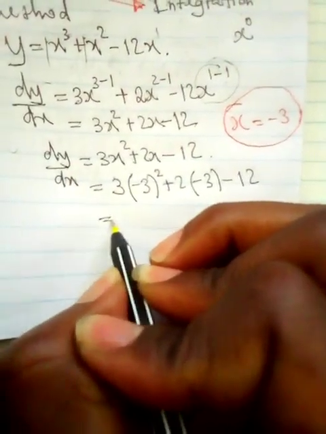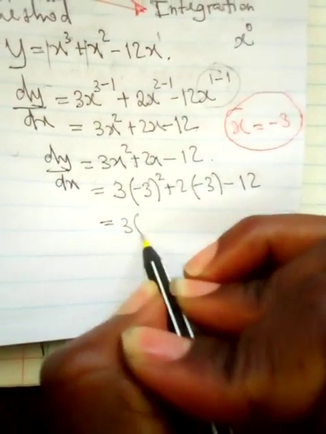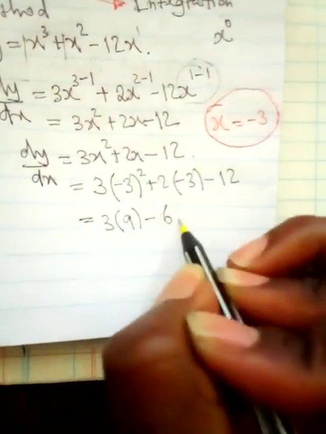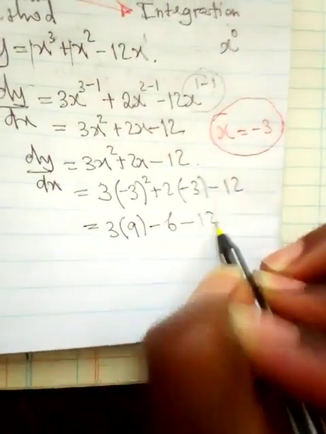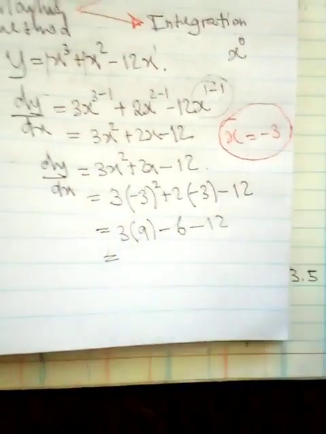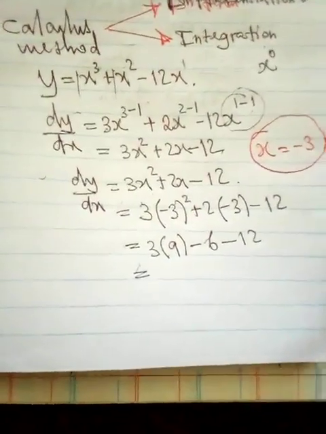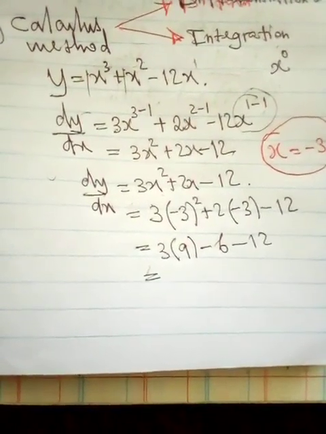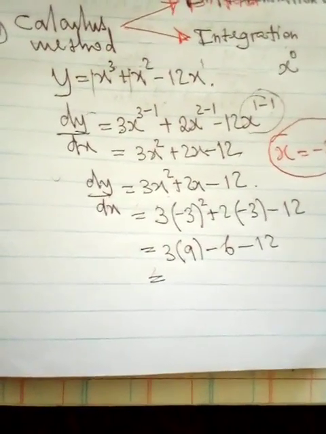So 3 times 9 minus 6 minus 12. So this is going to be 27. 3 times 9 is 27. So 27 minus 6 minus 12.